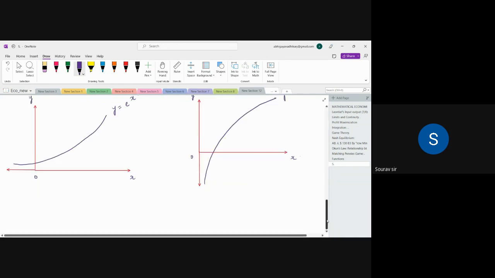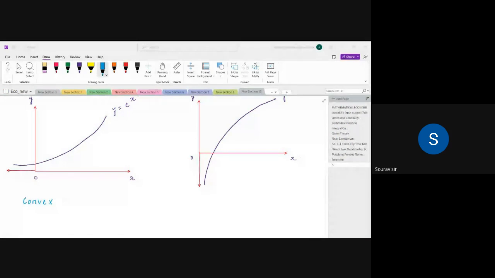Two things we can obtain directly, right? E to the power x is a convex function, right? Are all of you aware of this? If you all can reply with a yes or a no. E to the power x is a convex function. Yes, sir. Others, if you all can confirm as well. Yes.